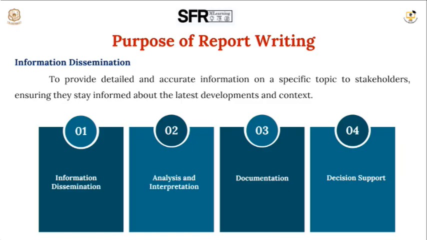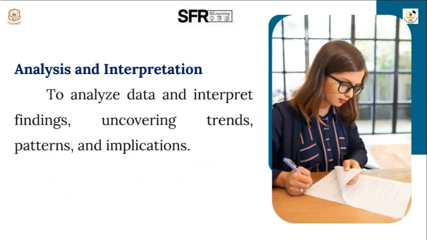The next one is analysis and interpretation. To analyze data and interpret findings, uncovering trends, patterns and implications. Reports transform raw data into valuable insights that inform future actions and strategies, making complex information understandable.